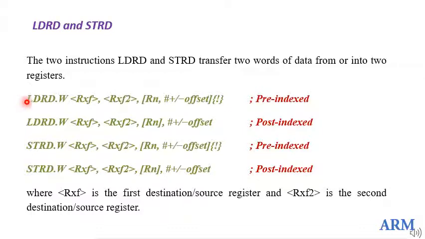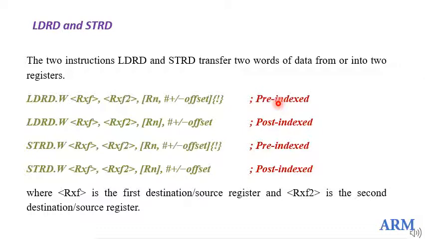LDRD.W Rxf, Rxf2, [Rn, #plus or minus offset], and this exclamatory sign is optional. So this is pre-indexed because you see the address is evaluated inside the bracket.